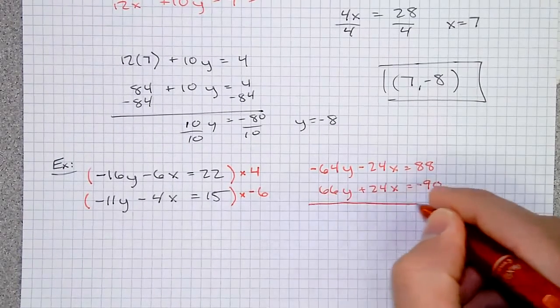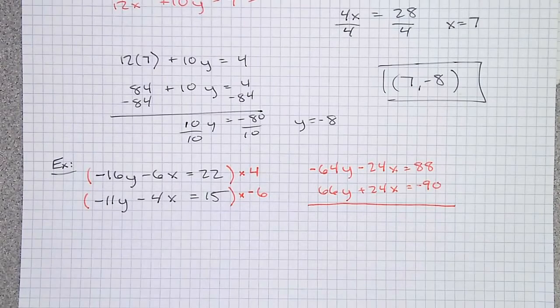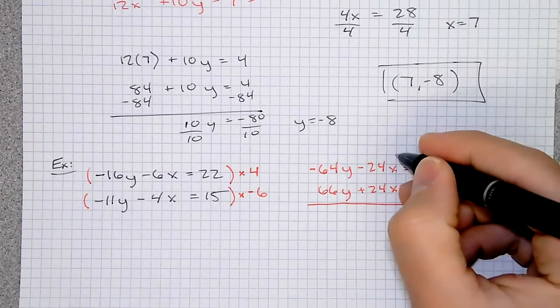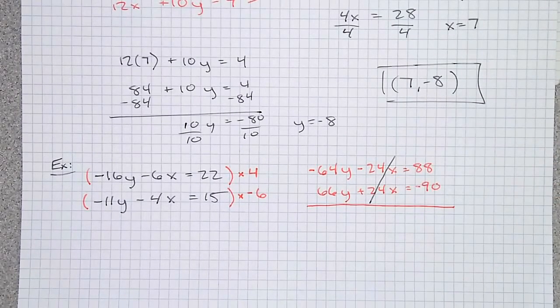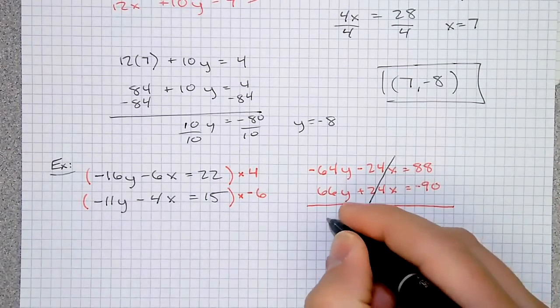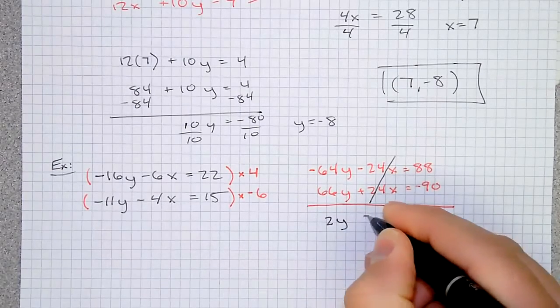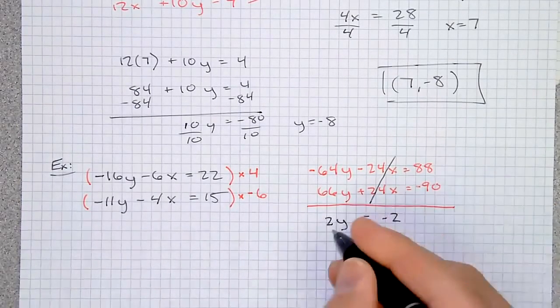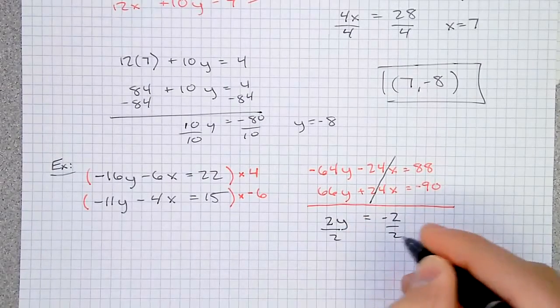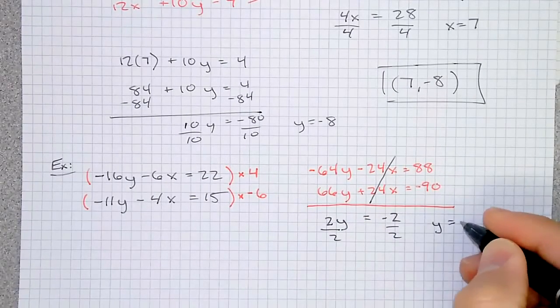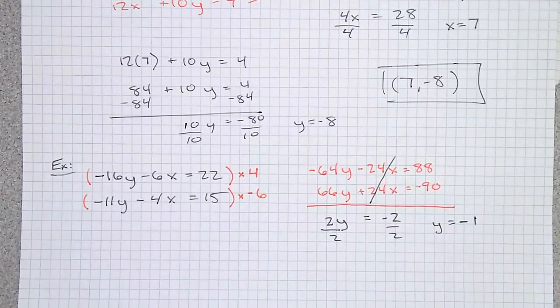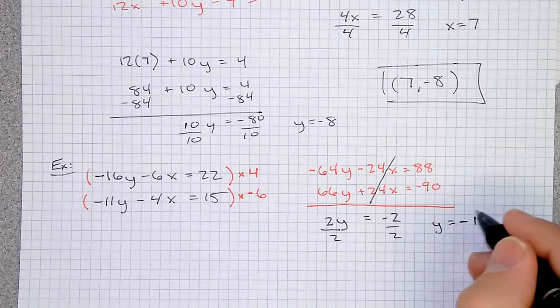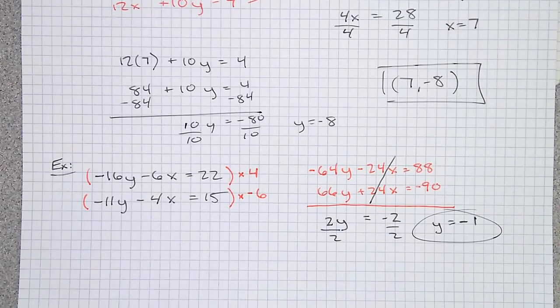Okay, so after all that, my x's cancel. I have positive 2y equals negative 2. And I get a y value of negative 1.